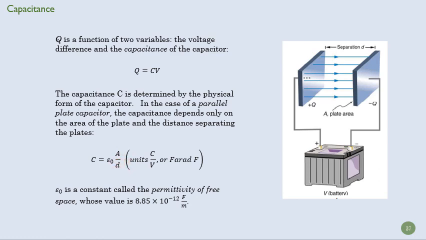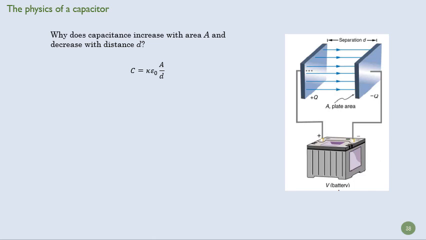And if I have a small distance, in other words, if my electric field is really strong, then you're going to have more capacitance. Basically, the smaller distance you have there, the more those positive charges are pulling charges off the negative terminal and vice versa. And that's why your capacitance goes up.